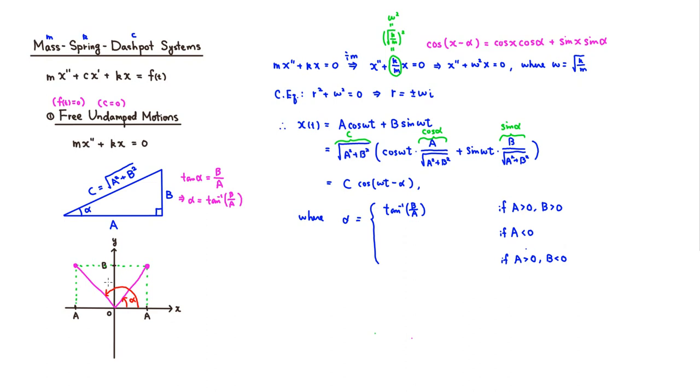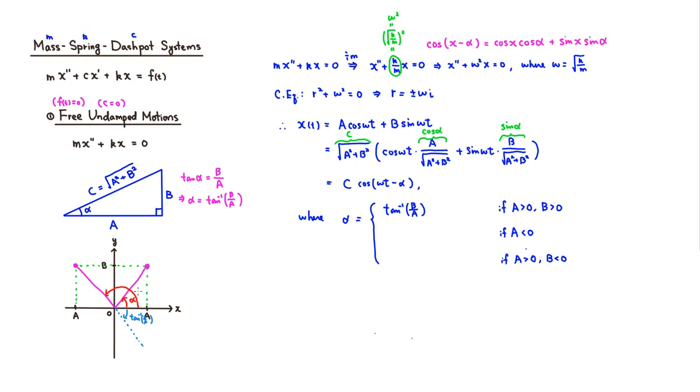So arctangent is going to be a negative value, which actually shows up over here. That is arctangent of B over A, which is not quite the angle we want.